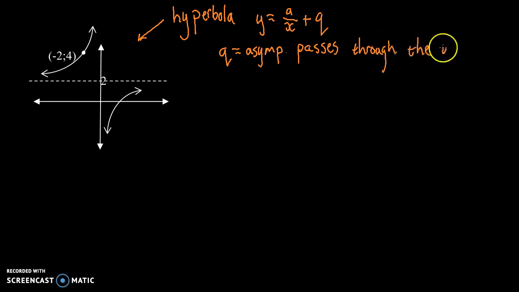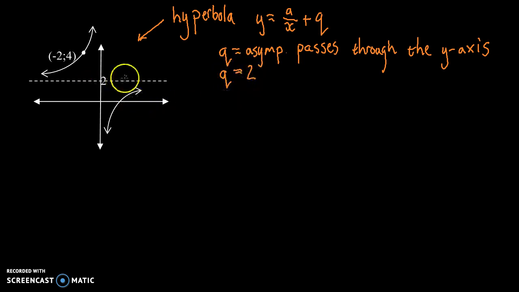Some people would say it's a horizontal asymptote or the asymptote that goes across, but to be honest, I struggle to remember which one that is if I don't write it out like this.